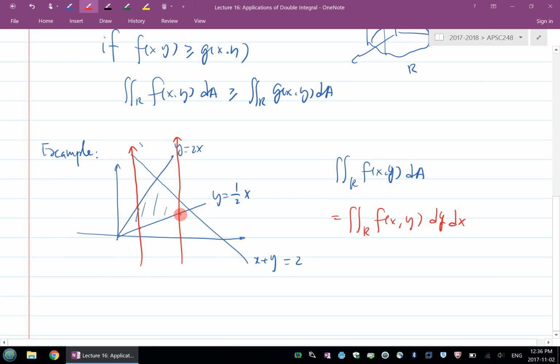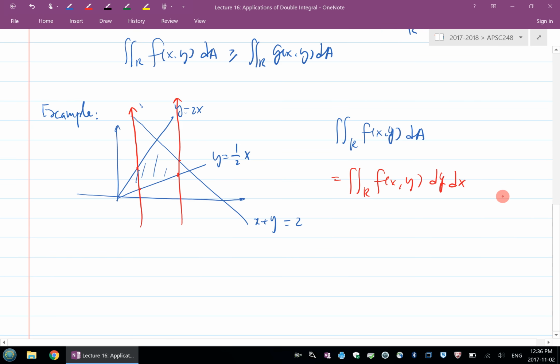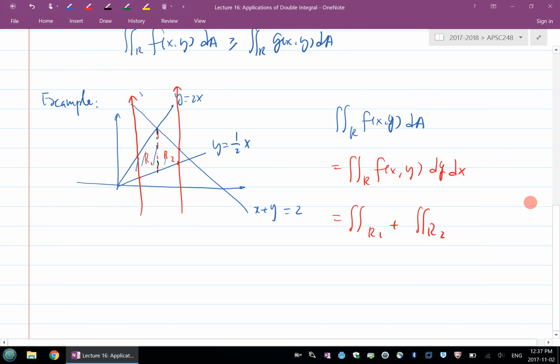The second line has the same first contact, but a different second contact, so the upper limit is different. That means you have to separate this region into two regions, R1 and R2. Then the double integral equals the integral over R1 plus the integral over R2. So that's the example of additivity.